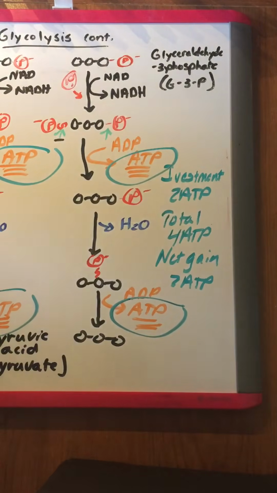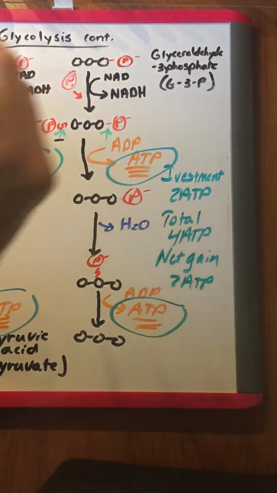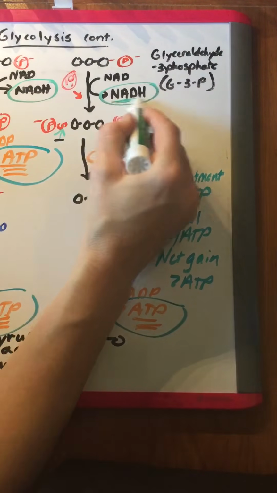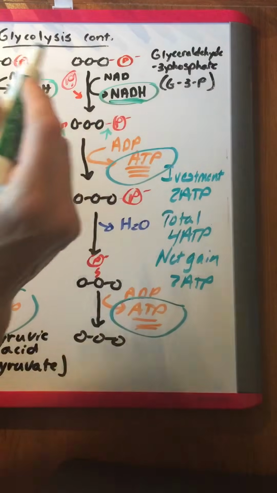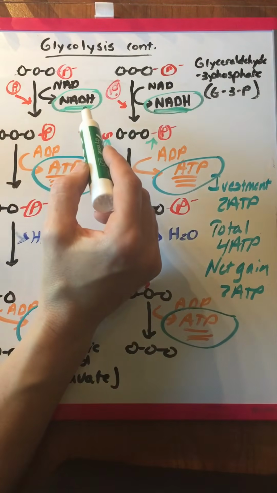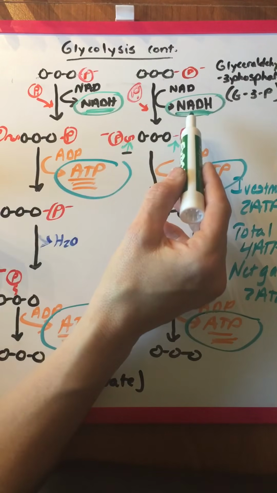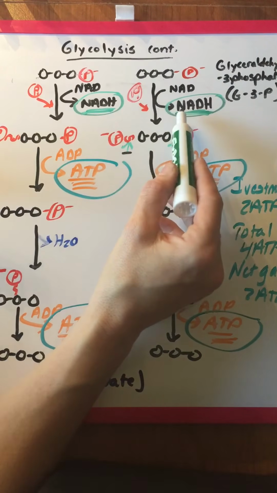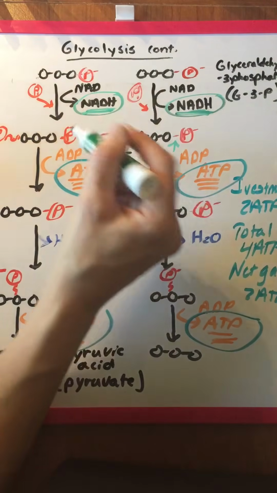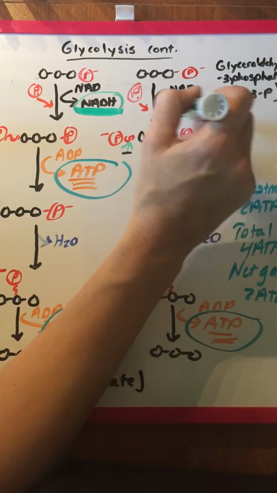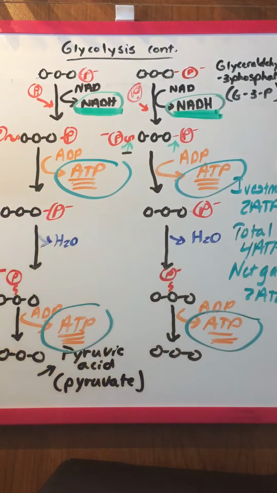We only removed 2 hydrogens of those 12 and passed them to electron carriers in this particular phase. Now these NADH that I've circled here, these are important molecules. These are like little paychecks. We're going to move these over to the 3rd phase in cell respiration and cash these in to produce more ATP. So we don't neglect these. These 2 NADH that we produce here in glycolysis are valuable.